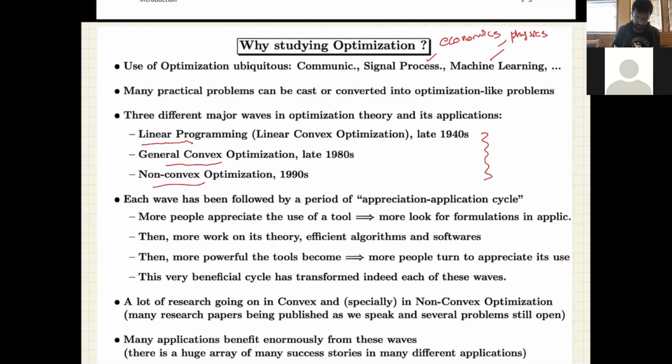But I would like to mention that before the 40s, people were mainly aware of linear programming. The field of convex and non-convex optimization was not so well studied. The fact is that linear programming comes under convex optimization. So basically we have convex and non-convex optimization. These are the two main pillars.